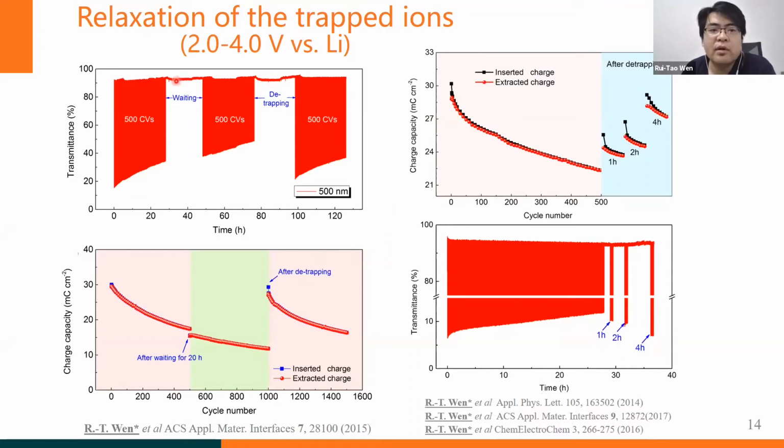As you can see here, we normally get about 20 hours of detrapping, which is pretty long, almost 1 day and 1 night. So we applied the current multiple times, for 1 hour, 2 hours, and 4 hours separately. And we can see that after almost 7 hours, the films can regain their initial performance. So that means we can extract the ions a little at a time, multiple times. We do not need to apply it for 20 hours, which is too long.